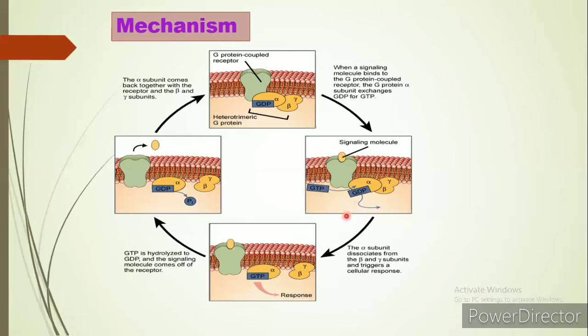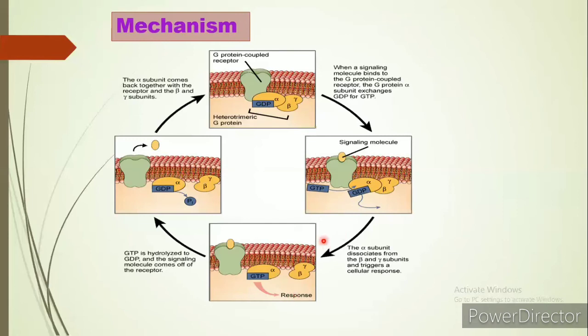Then the third one: now the alpha subunit separates from the beta gamma complex of the G protein. Then the GTP-bound alpha subunit attaches to its target and triggers the cellular response.